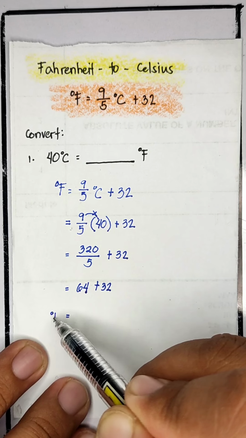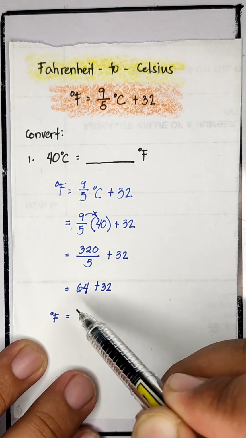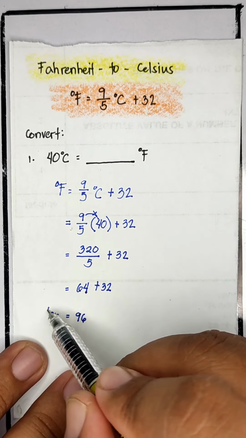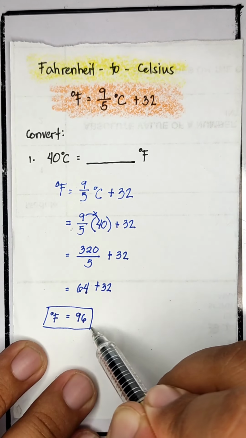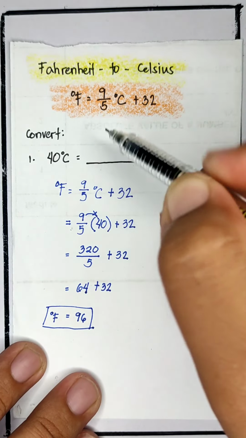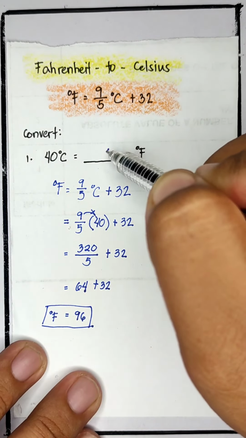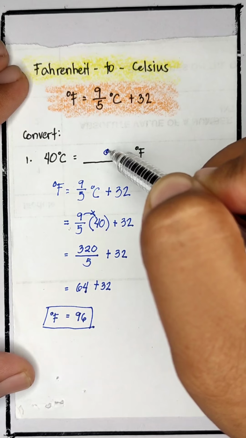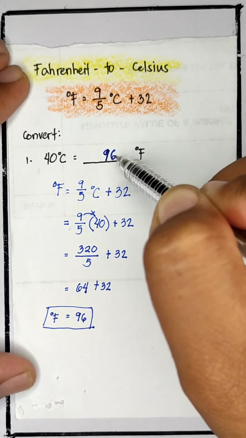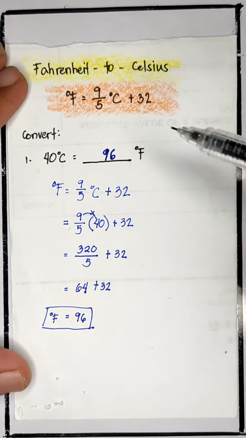Then the degree Fahrenheit is 96. Therefore, 40 degrees Celsius is equivalent to 96 degrees Fahrenheit.